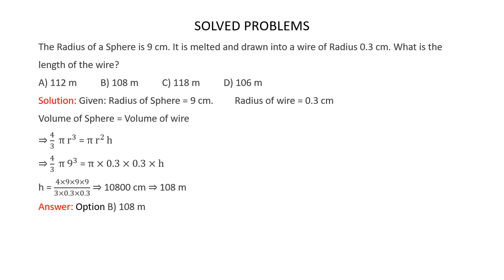Now volume of the wire is nothing but volume of a cylinder, since wire is cylindrical in shape. Now we know that volume of a sphere is 4 by 3 pi r cubed and volume of the cylinder is pi r squared h.